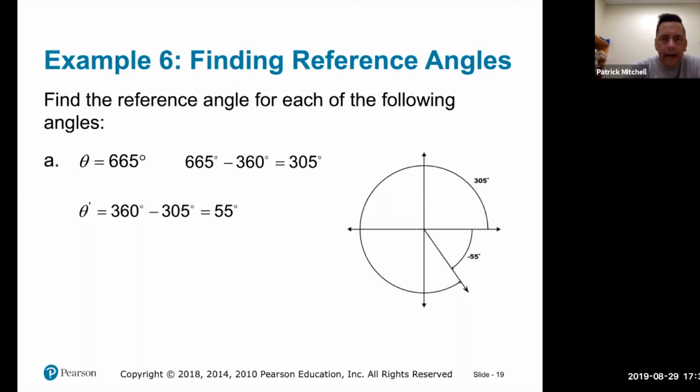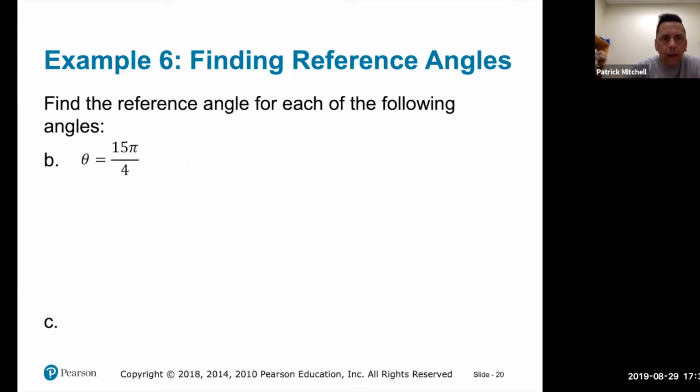All right, next we have 15 pi over 4. So again, the first step is to find the smallest positive angle that's coterminal with that angle. And we've had lots of practice with doing that with radian angles. So one way to do it is to think of 15 over 4 as a decimal.